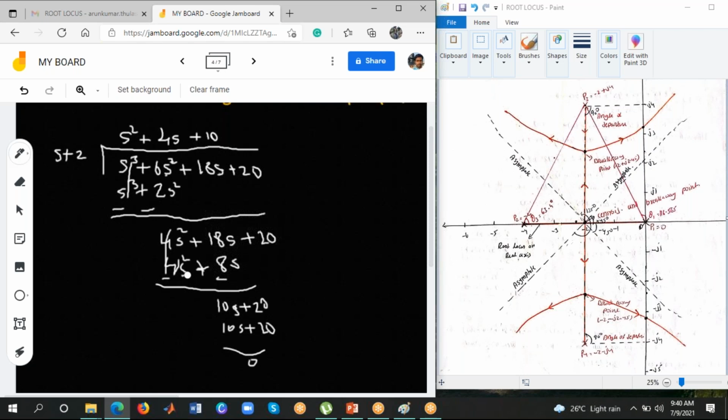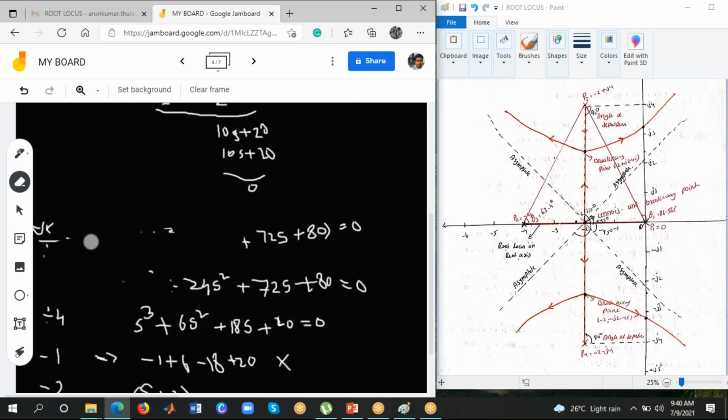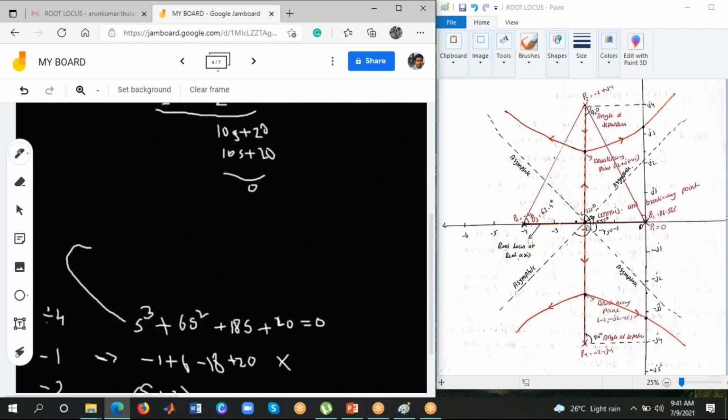So finally we can write this whole equation as s plus 2 into (s square plus 4s plus 10) equals 0.